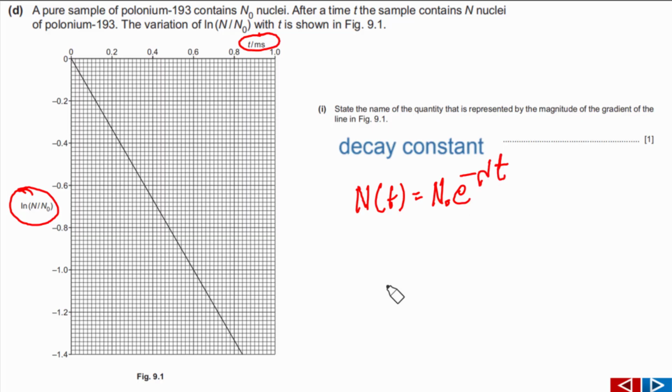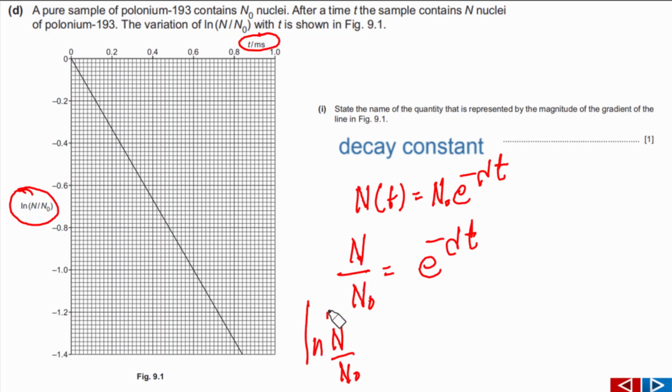Now we can write N divided by N naught equals e to the power of minus lambda t. If we take natural log on both sides, we have ln of N divided by N naught equal to minus lambda t, because ln e is equal to 1.